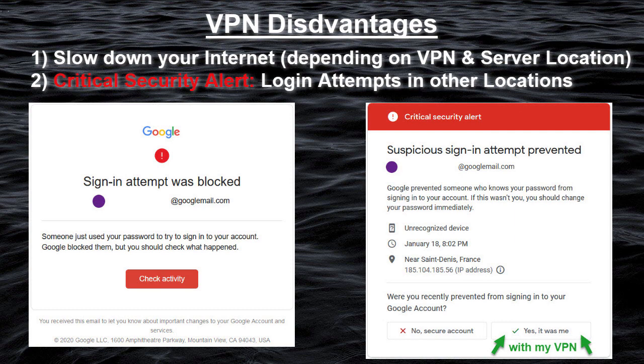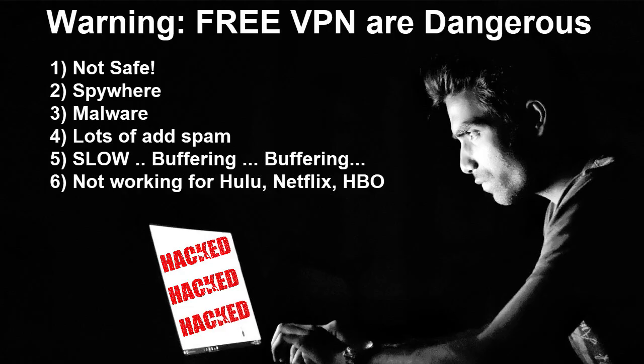If you're already logged in, then you probably don't get a security warning, but you just have to be aware that yes, you changed your location, and Google usually keeps track of where you usually log in. And if you change your location, even if you take a flight somewhere, then usually you also get a security alert.